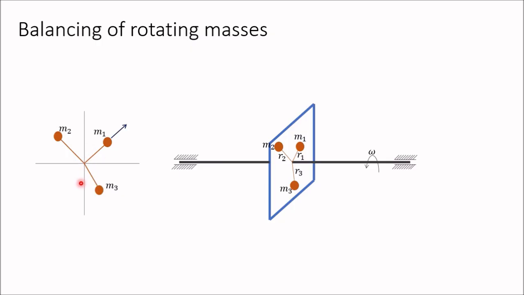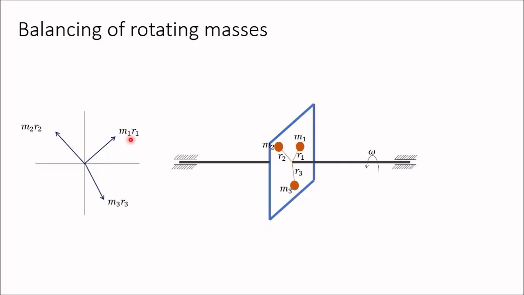Because of these masses, centrifugal force will act, which is equal to m1 omega square r1 in this direction. Similarly, m2 omega square r2 in this direction, and m3 omega square r3 in this direction. So omega square is same for all three. We will take resultant of m1 r1 because omega square is same for all, even for the balancing mass also.